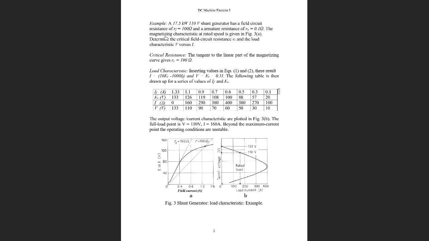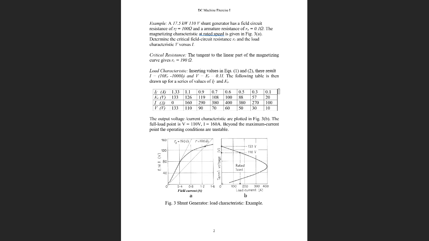The magnetizing characteristic at rated speed is given in figure 3a. This is the excitation curve for a given rated speed. Because when the speed changes, the generated voltage also changes. Here, suppose the speed is fixed at a certain level.